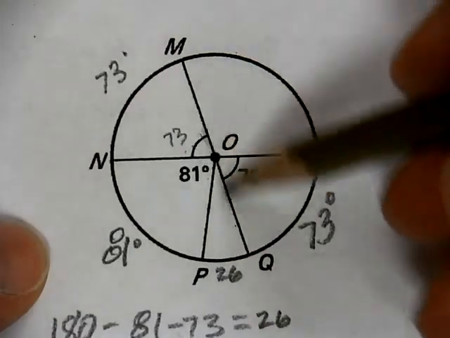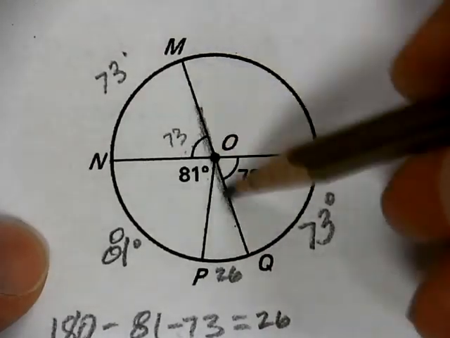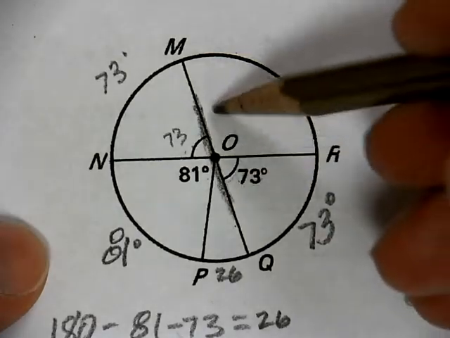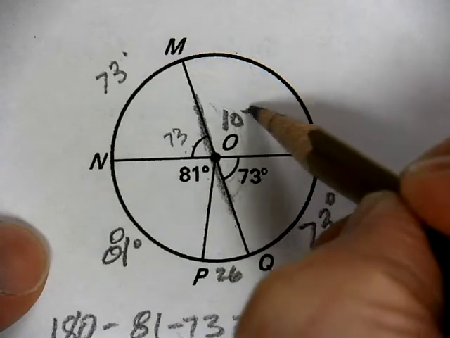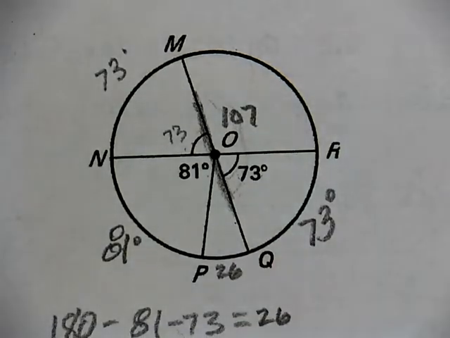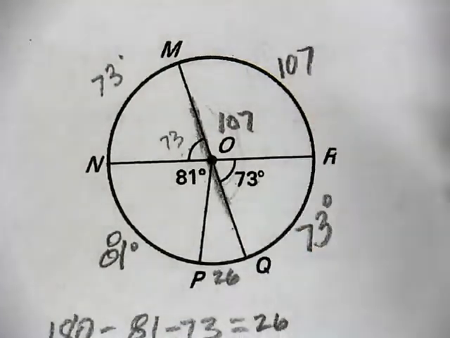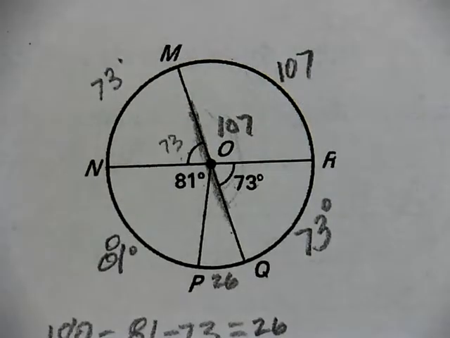And if that's a diameter, that's a straight line, together they make 180, so this is 107, which makes this 107. So we found all the possible angles we can.